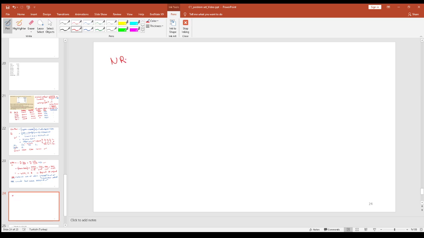Now net present value is 0 in case initial investment plus your all discounted cash flow, now 1 plus internal rate of return to the power T. So we need to solve this equation.